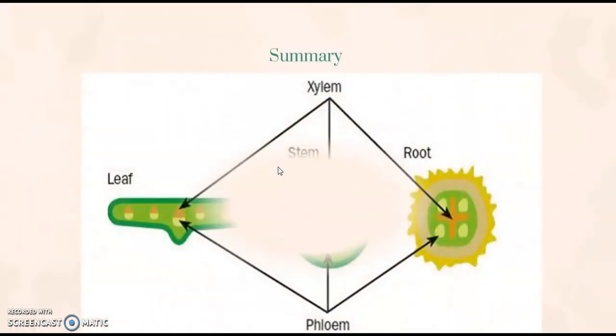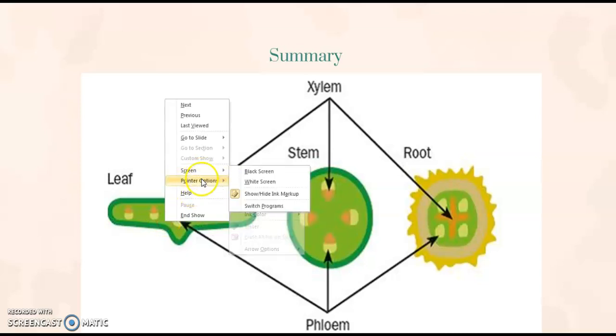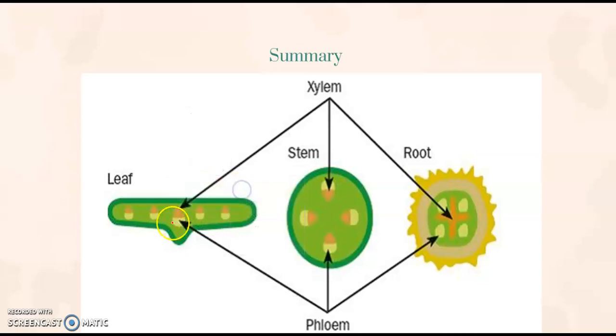So this is a summary of the location of xylem and phloem. The phloem in the leaf is located below the xylem over here, just like this. So if this is a cone, we see that the phloem is on the outside, or on the lower side, sorry, and xylem is on the upper side.